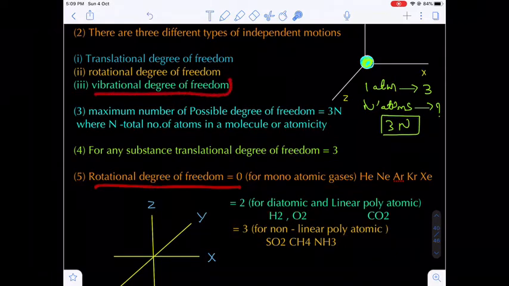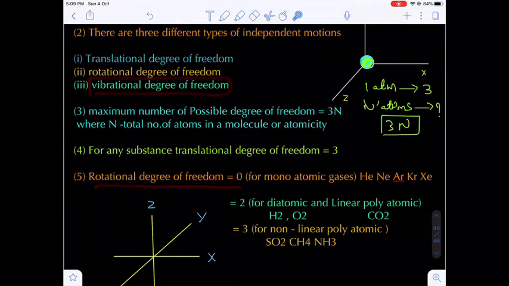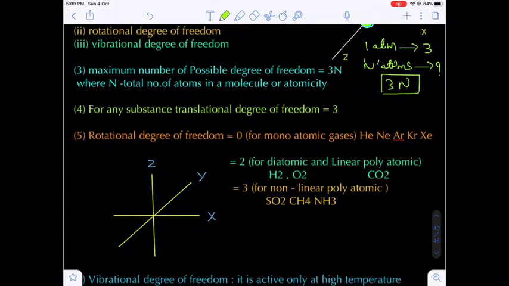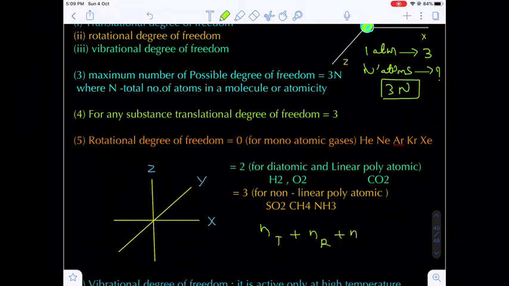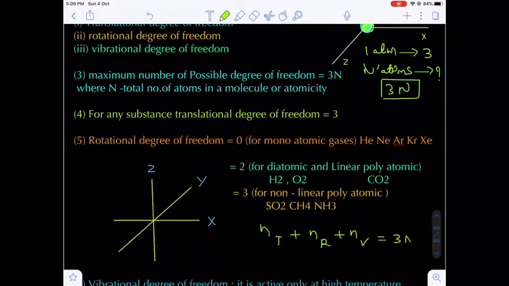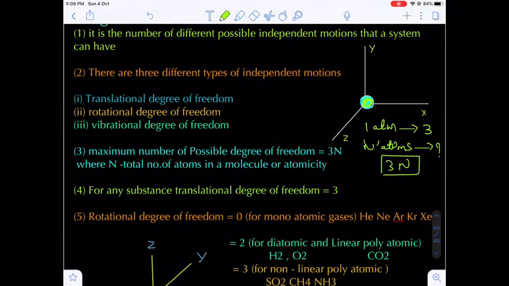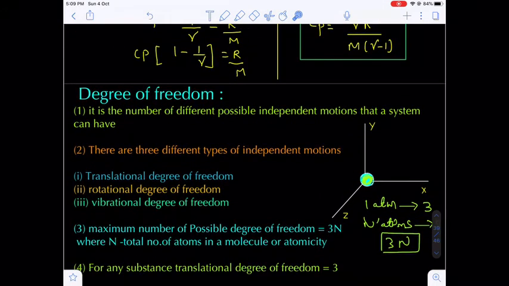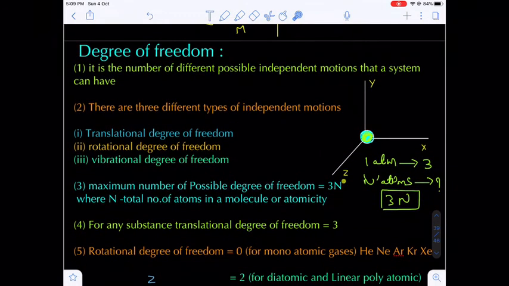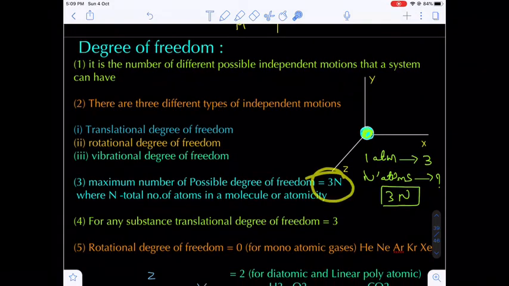Now the third one is the vibrational degree of freedom. Remember, the translational degree of freedom plus the rotational degree of freedom plus the vibrational degree of freedom will total, at maximum, 3n, because at the start I explained the maximum number of degrees of freedom possible is 3n.